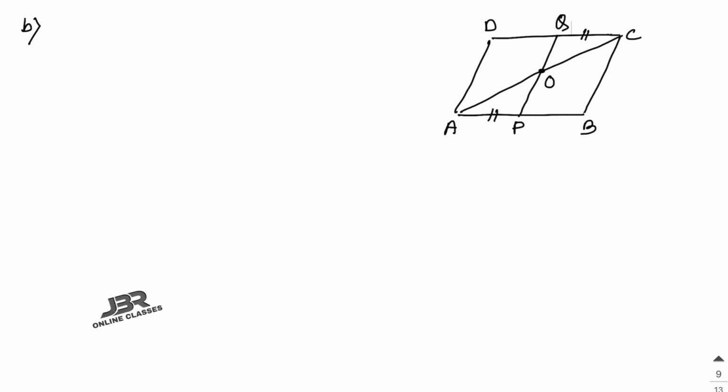So points P and Q are taken on opposite sides of parallelogram ABCD, such that AP is equal to CQ, so that AC and PQ bisect each other.